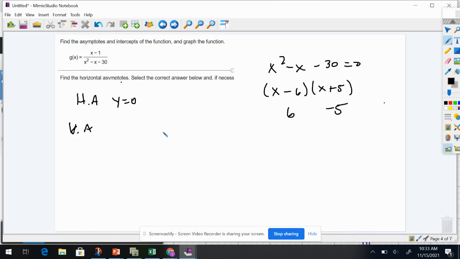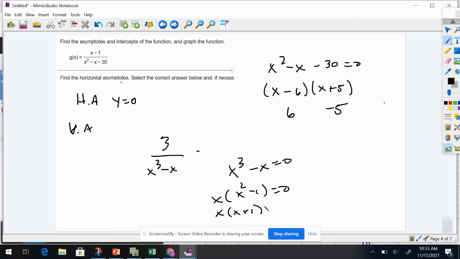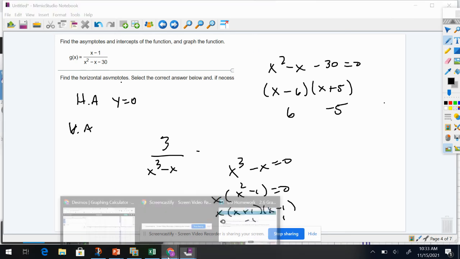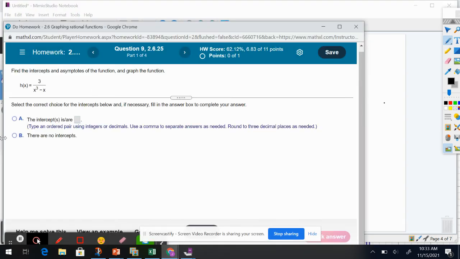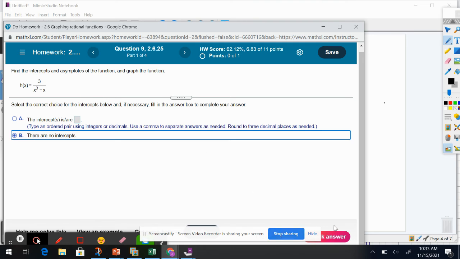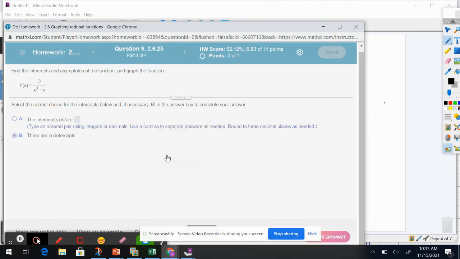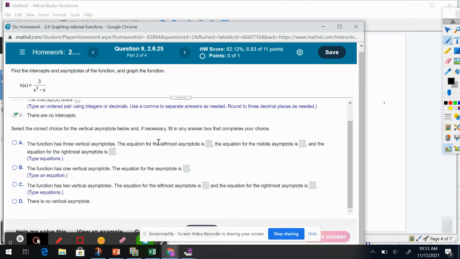I've got 3 over x cubed minus x. If I set the denominator equal to 0 and solve it, here's all my zeros: 0, -1, 1. This means that it's never going to cross at 0 because I have a vertical asymptote there. So if I go back to that problem, I'm going to say there are no intercepts because that graph did not cross anywhere.